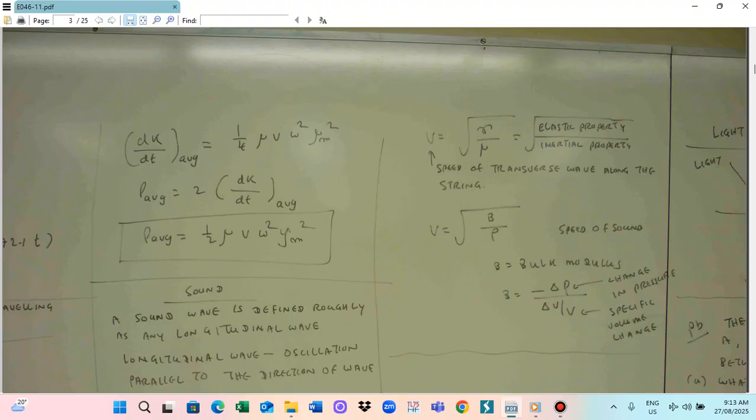Bulk modulus means how the compression changes when the sound is moving through the region, depending on the pressure and the volume. So the bulk modulus B is equal to minus delta P divided by delta V by V. This means the sound velocity and the sound pressure ratio: delta P is the change in the pressure, and delta V by V is the specific volume change.